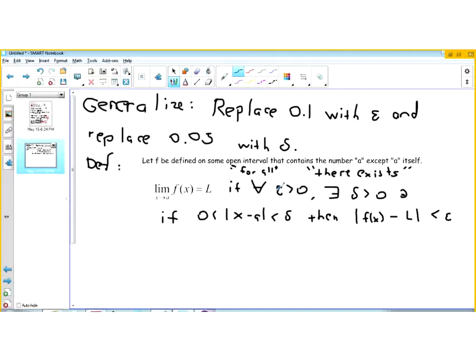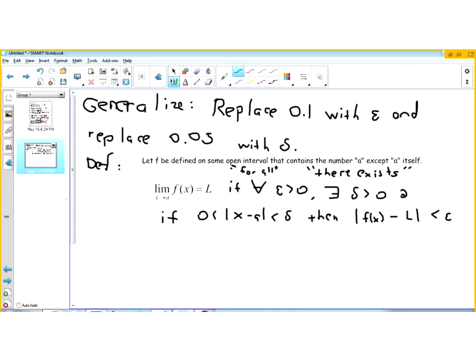If we can do that for all positive y's, choose what positive y, and with that positive y, you can find a positive x value such that the distance that x value is from a, then the distance from L will be less than epsilon. If we can do that, then the limit exists.